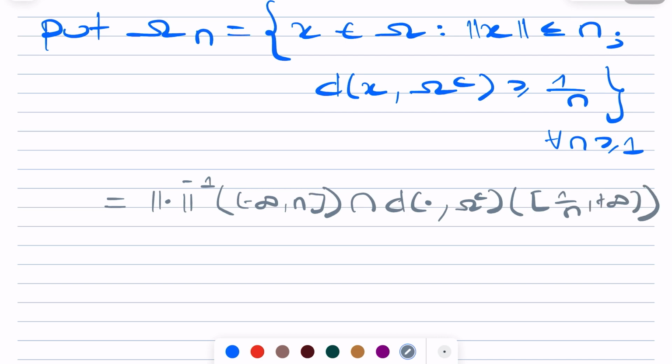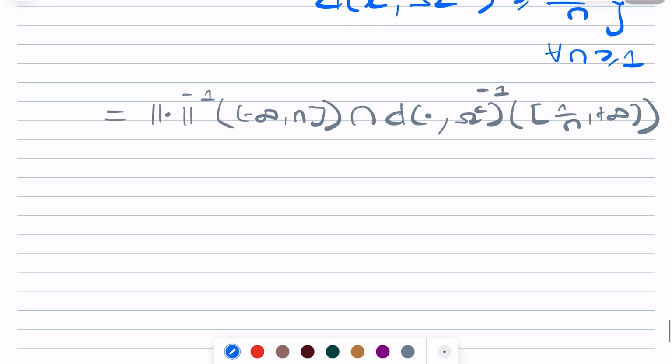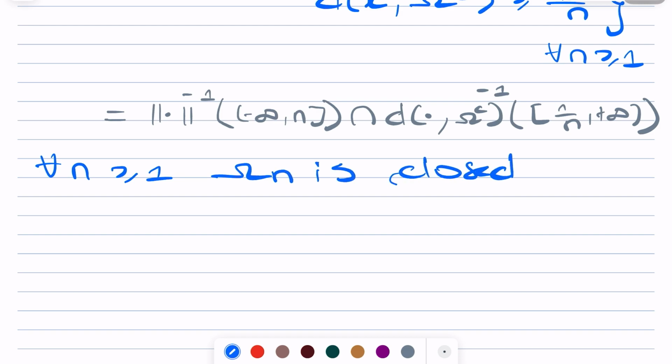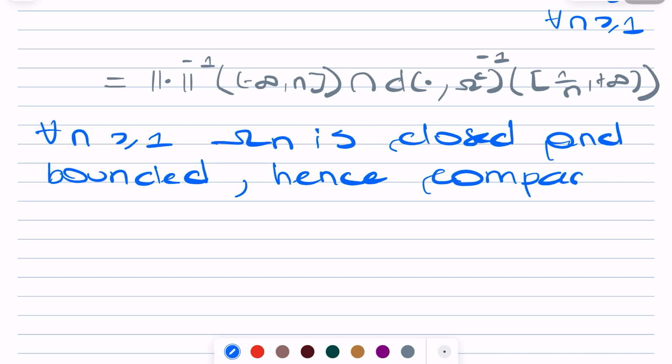So you have an intersection of closed sets, because the norm is continuous and the distance is continuous. So for every n greater or equal than 1, omega n is closed and bounded, so hence compact, by Heine-Borel.